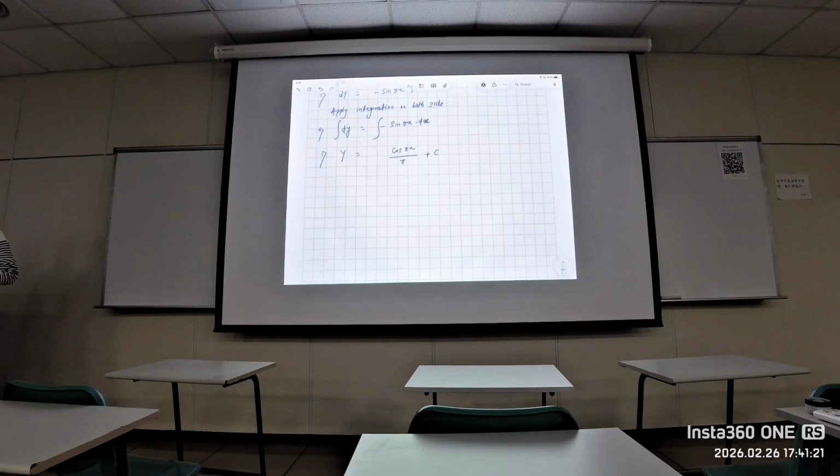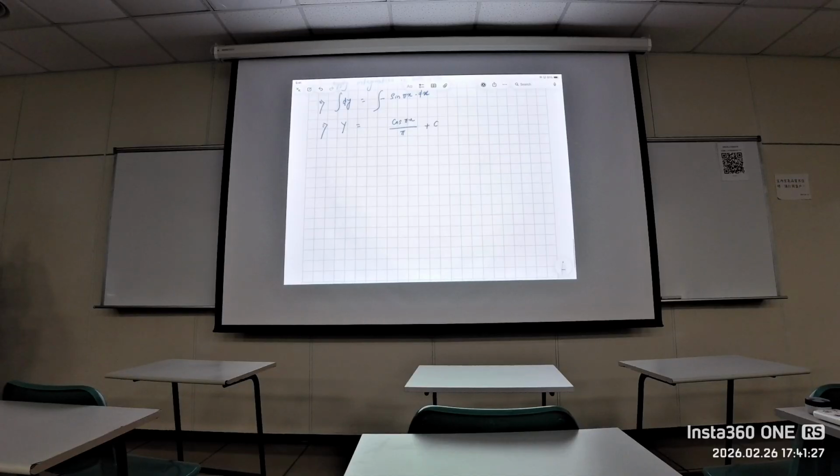Right? It's a very simple one. Okay, so let's try another question. So write the next question, y dash is equal to e to the power minus 3x.